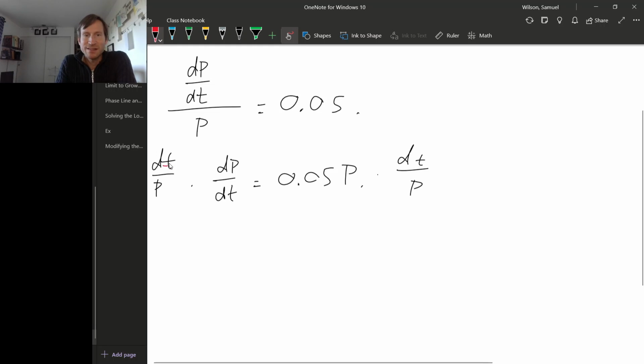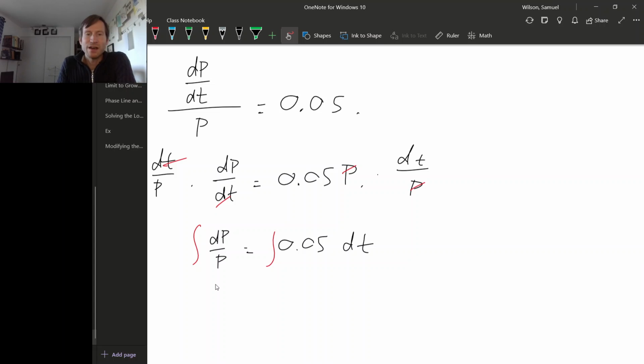Then on the left-hand side, the dt's are gone. On the right-hand side, the P's are gone. And we get dP over P equals 0.05 times dt. And then we can integrate on both sides.